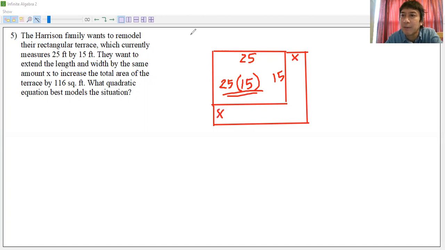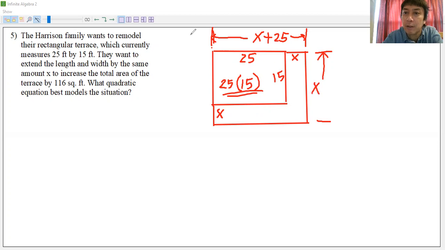Now, this length is x plus 25, up to this. And then this part here, this is x plus 15.